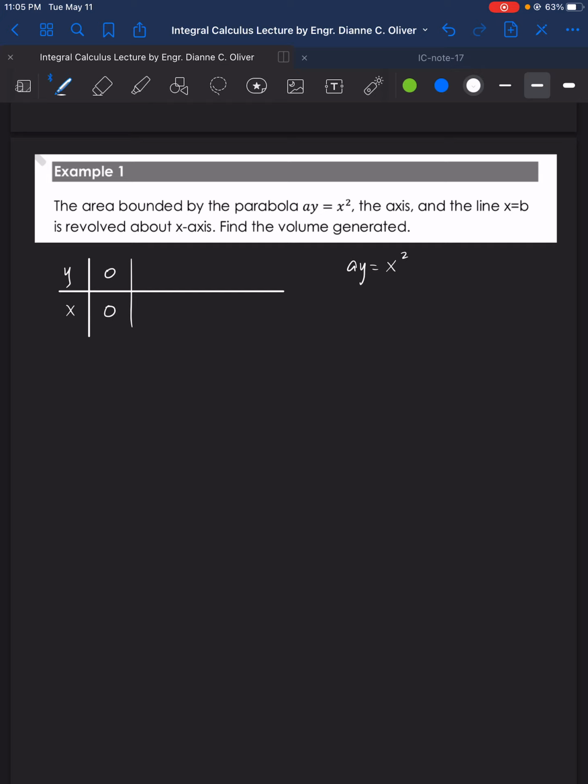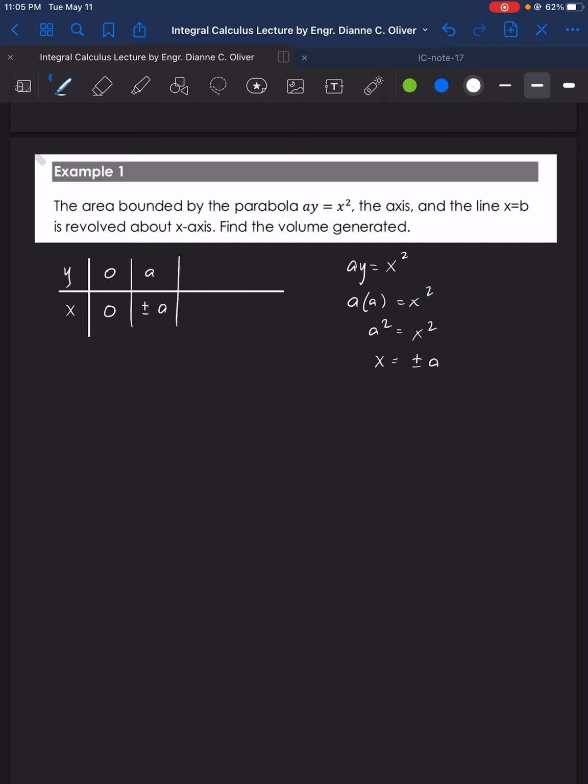If y is equal to a, then a times a is equal to x squared, a squared is equal to x squared, therefore x is equal to positive or negative a. So this is positive or negative a.